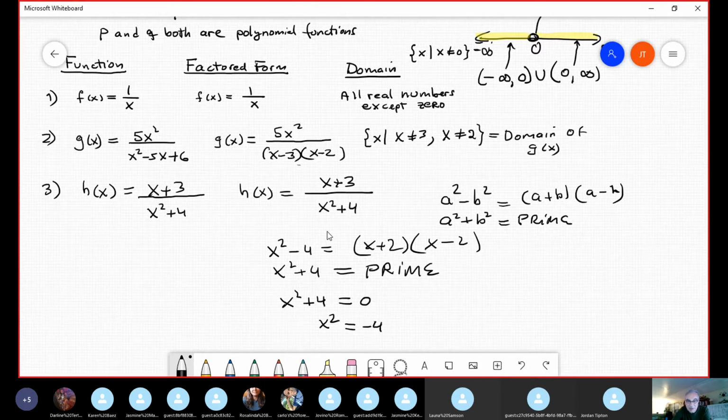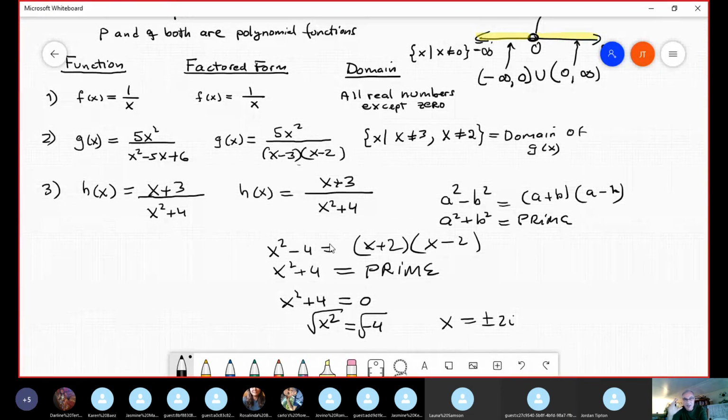I move 4 to the right-hand side and apply the square root to both sides. x is equal to the square root of negative 4, which is plus or minus 2i. It's imaginary. And remember, when you try in algebra to find something and the answer is imaginary or complex, it's because it doesn't exist.